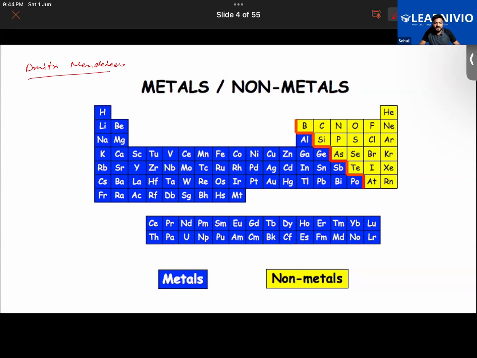There were many scientists before Mendeleev who also attempted to arrange the elements in a proper manner, but as of today, we follow the periodic table given by Mendeleev. In this, you will find more than 118 elements.